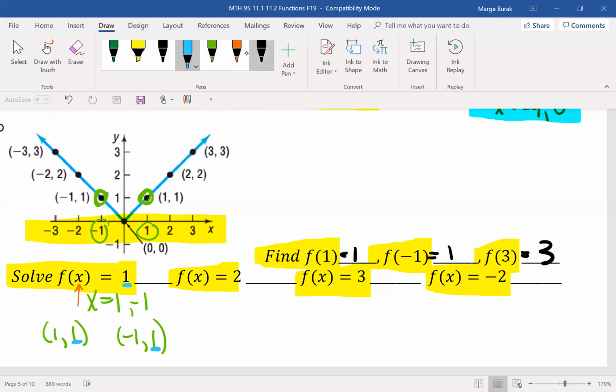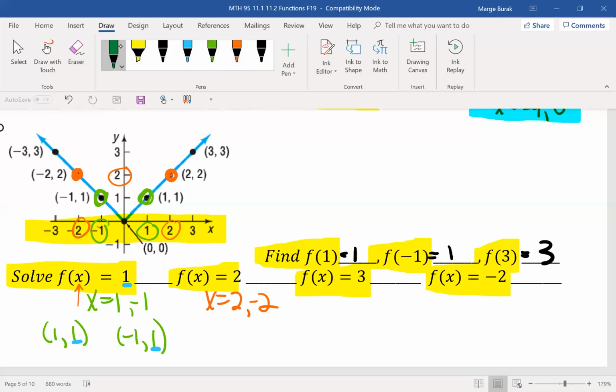Let's look at this with another color. What if it comes to 2? Here it is right here. What input gets me clear up to 2 right here? Well, this is the one I'm talking about, both of these. So x would have to be 2 and also negative 2. How about 3? Let's do dark green.